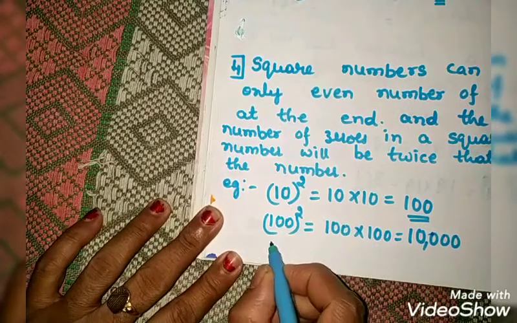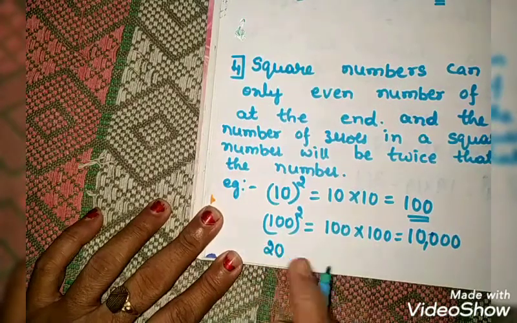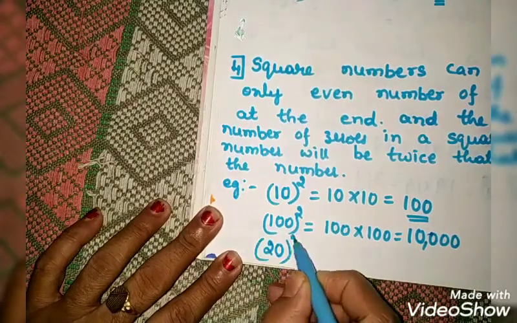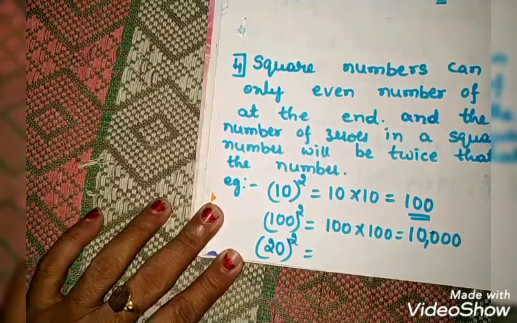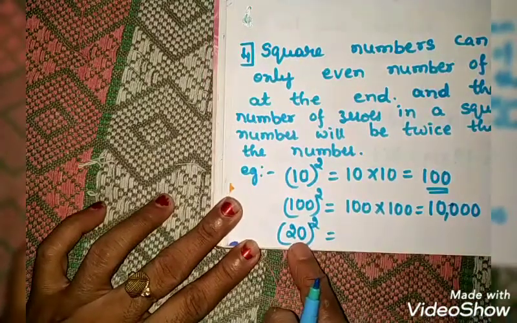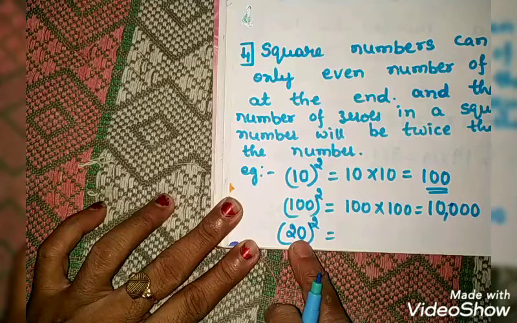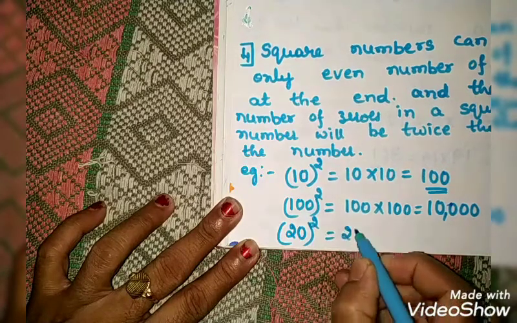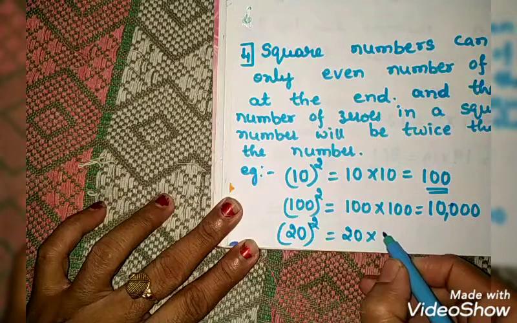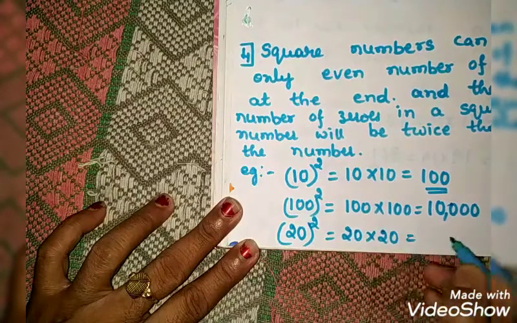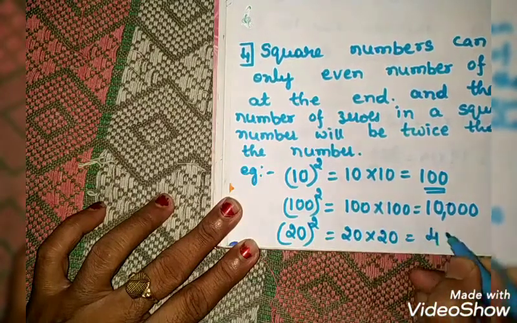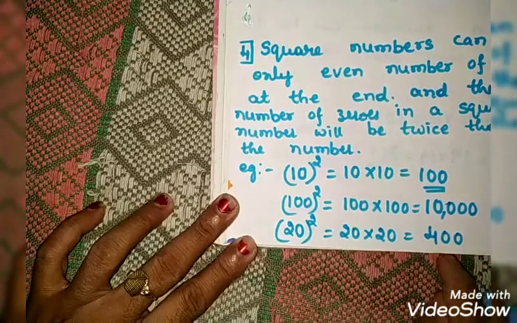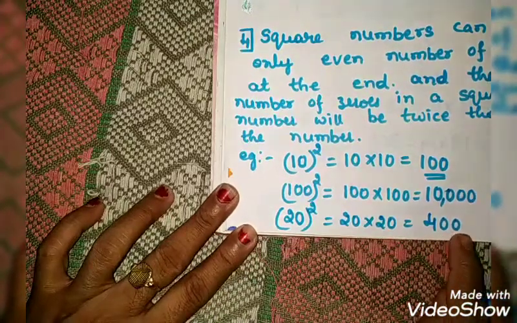For example, 20. How many zeros are there, children? Let me try to find out 20 square. How many zeros are there here? 1 zero. You can easily predict how many zeros will be there in its answer. 2 zeros. Obviously, it is 2 zeros. How can we find out its square? 20 into 20, that is 400. See here, 2 zeros are there.